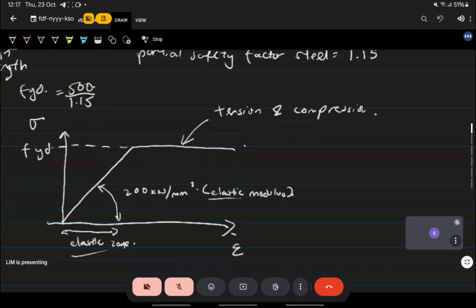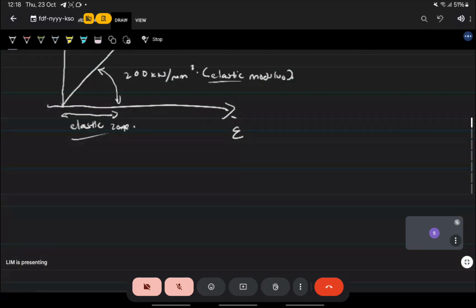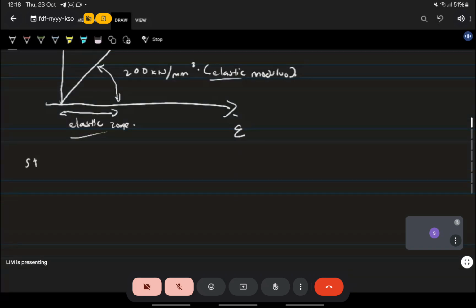What I'm doing right now is deriving all the formulas that you will be using later. You need to know where they come from. Sometimes you may need to modify it a little. Now we know stress. The formula for stress, I think you learned during applied mechanics, is elastic modulus times strain.